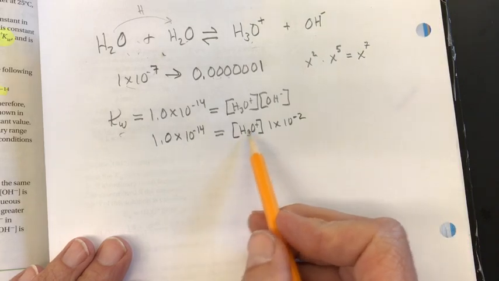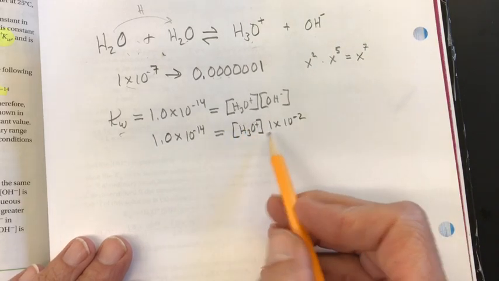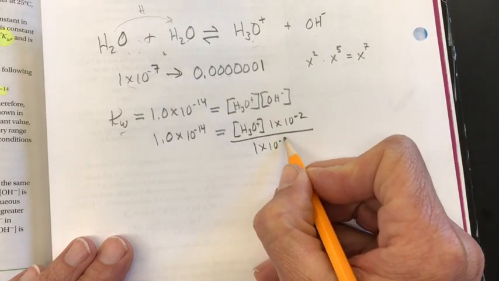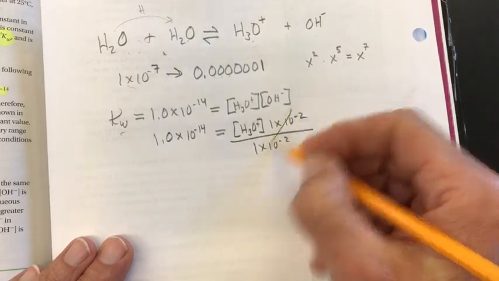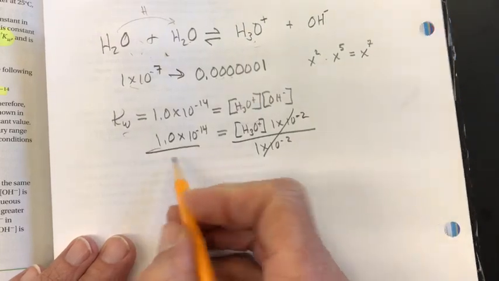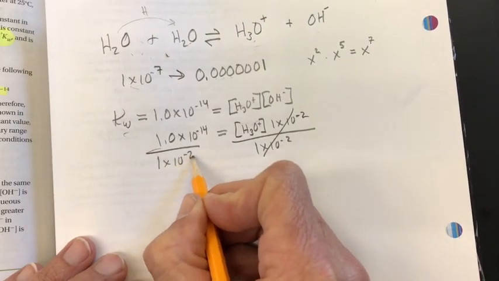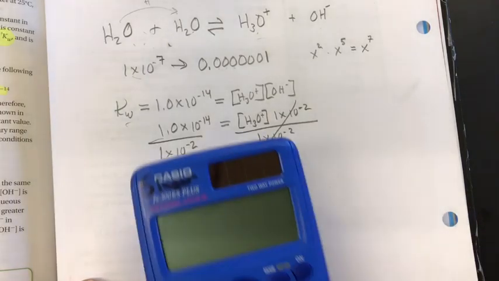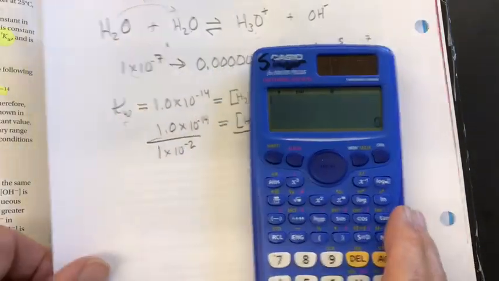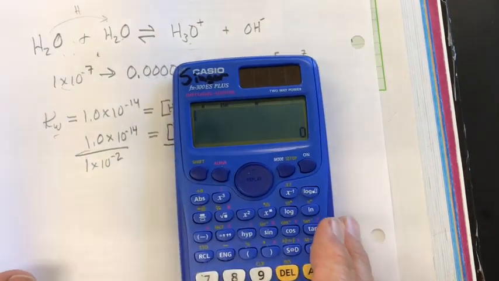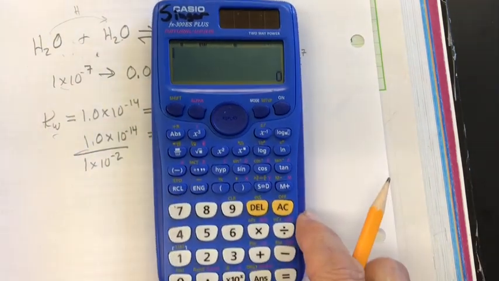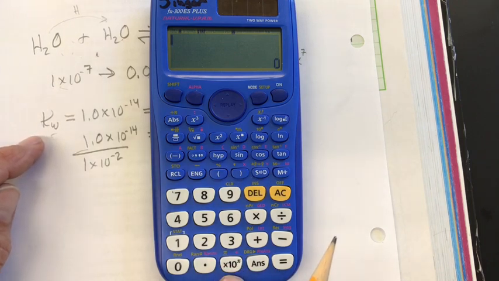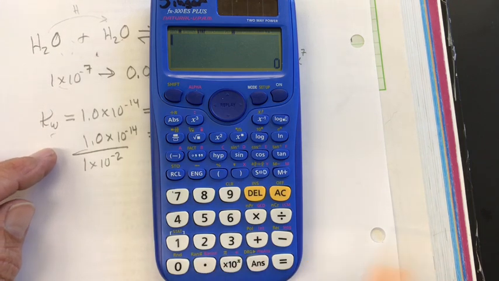So just like good old algebra, pretend like this is a giant X. How do we get it by itself? Well, we divide by this concentration over here. That cancels. What I do to one side, I must do to the other side. And then you grab your handy-dandy calculator and you put these numbers in there. Just a reminder, when you do this, you've got to use this button on this calculator or the EE button on the TI.